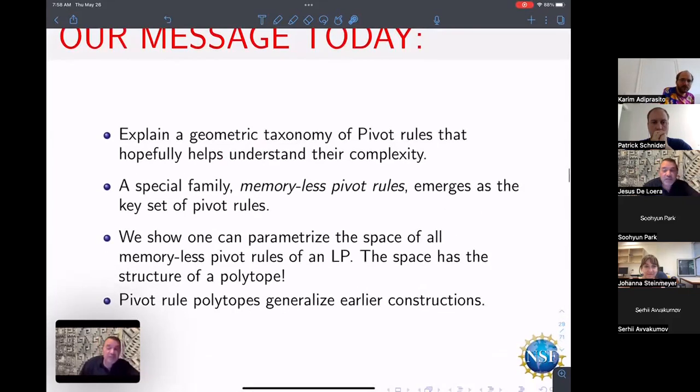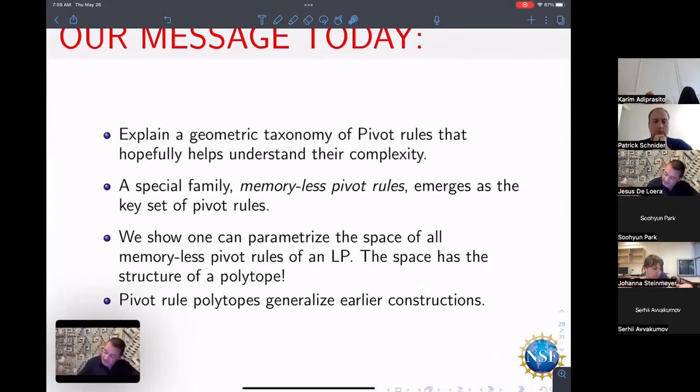Our theorem is that essentially the set of all memoryless pivot rules can be parametrized by a polytope. I showed you the example of the fiber polytopes before. We get something like the fiber polytopes by a modification of the Billera-Sturmfels construction.